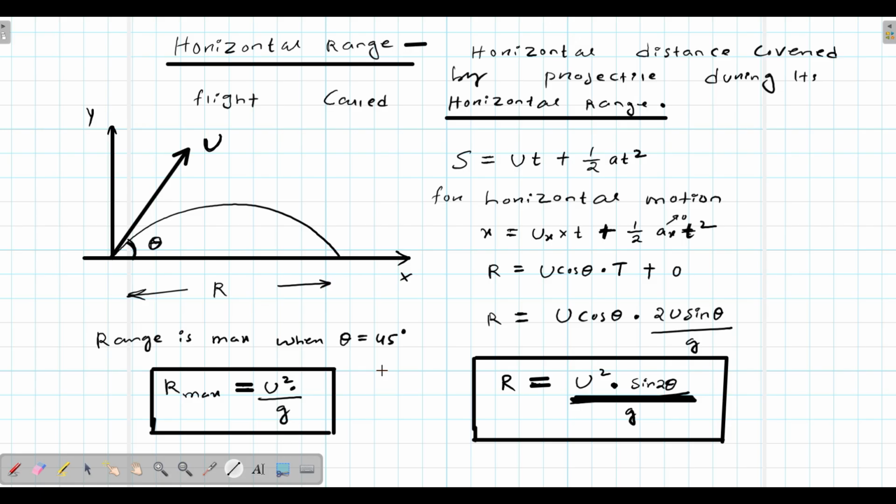Height of rise means the maximum height attained by the projectile.